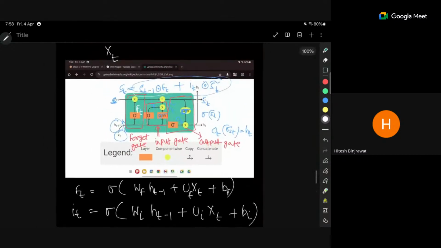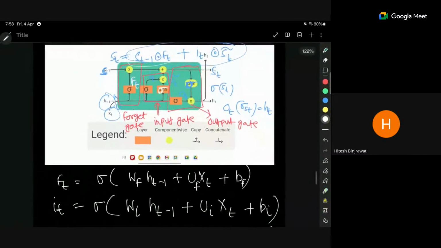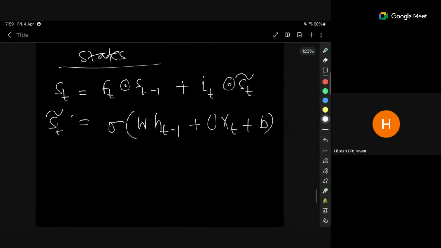Here tanh is written, but you can use sigmoid or whatever layer you wish. That's not a problem. If you send your input XT and the previous HT minus one, you'll get this ST tilde. The tilde represents that this is a temporary state, and from this you can get ST. Now you need one more thing, HT, which you want to give as output.